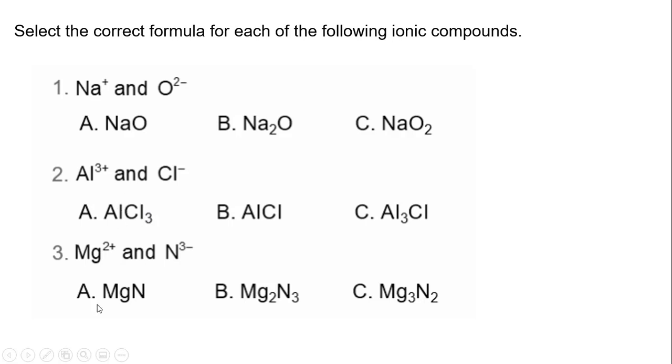So it's A. And now this one's a little harder because we have magnesium that has a 2+, and we have nitride with a 3-. So it doesn't matter on these. Pick whichever one. So I'm going to pick 3. And if the 3 is on nitrogen, it has to go on the oppositely charged ion. So it means that the 3's got to be here on magnesium. So I'm going to look, and it's going to be this one.